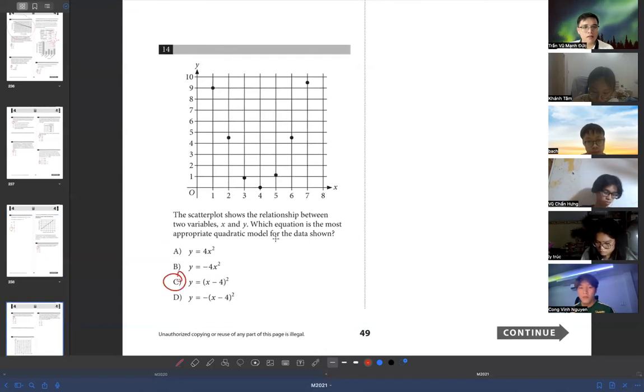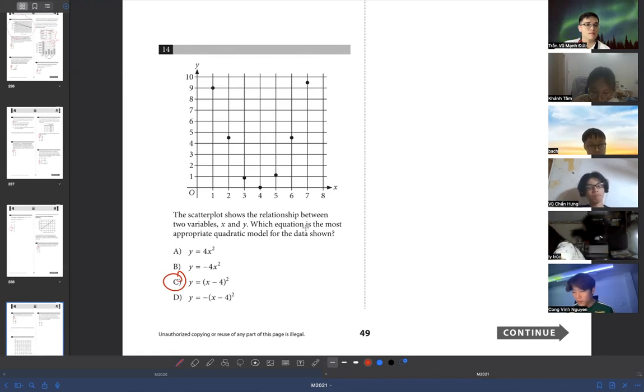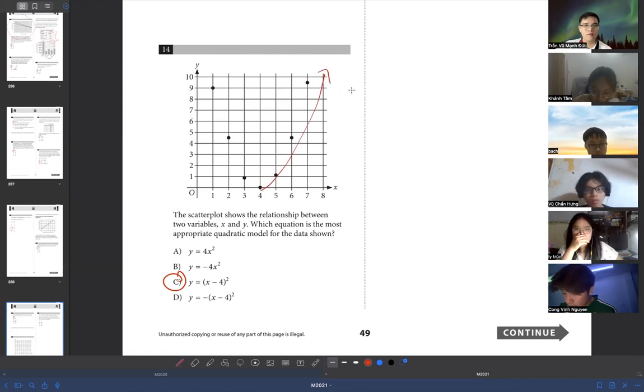Let's check. Why did you choose C? Because first of all, this is a positive kind of thing. So the leading coefficient should be positive. A is greater than 0.